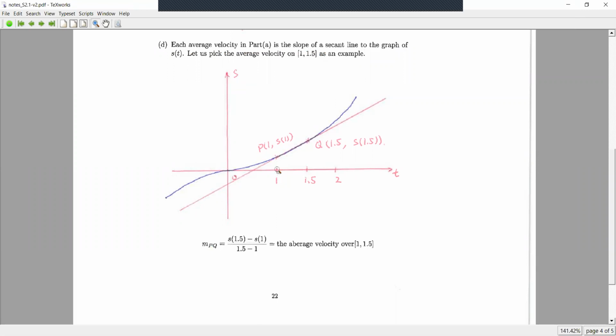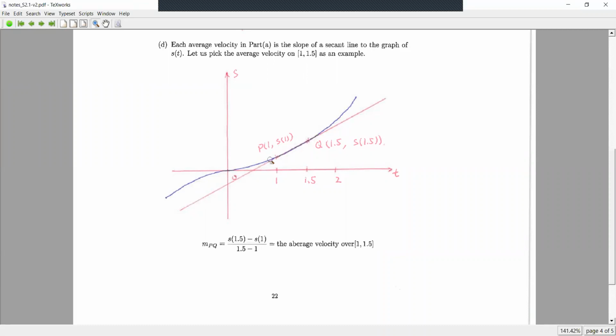Corresponding to 1 is the point P on the graph, and corresponding to 1.5 is the point Q on the graph. Because P and Q are on the graph of the function, their y coordinates are function values.